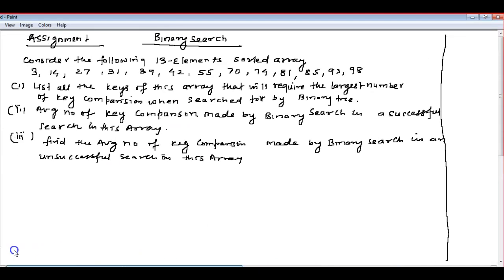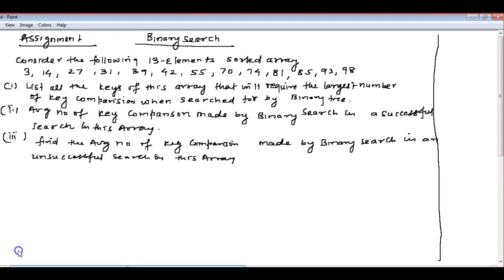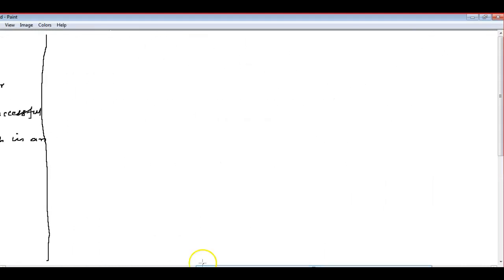This is already in ascending order. If not, then you have to convert it to ascending order. So these elements are already sorted, so you can write them here.